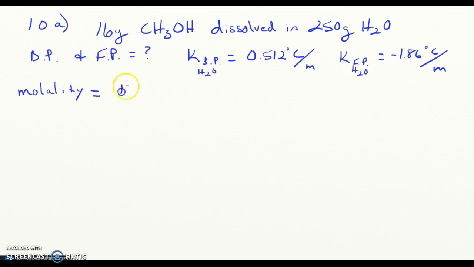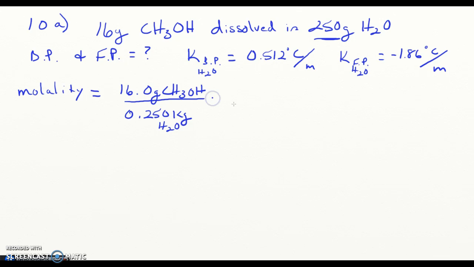Just like you said, we take 16 grams. The book says 16.0, so we'll keep it that way. CH3OH. And I'm going to take the liberty right now to convert 250 grams of water to kilograms, so it should be 0.250 kilograms of water, so that we can set up for our molality.